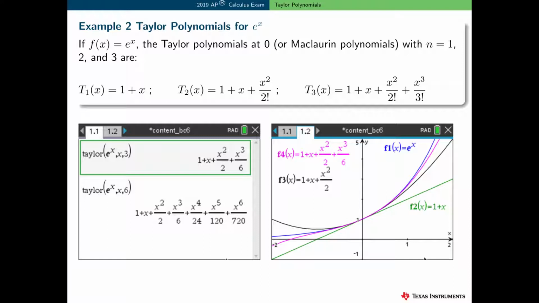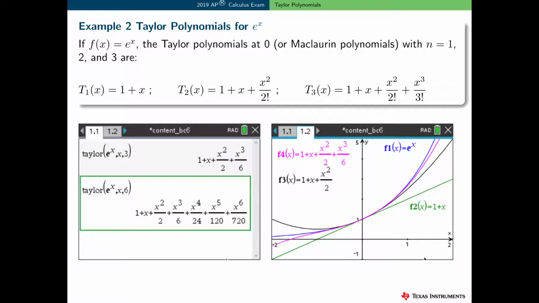For example, here's the third degree Taylor polynomial for e to the x about 0. Note that there is an optional fourth argument for this function, for a, which is by default 0. And here's the sixth degree Taylor polynomial for e to the x, about 0.